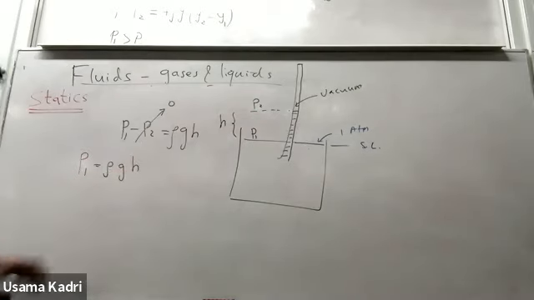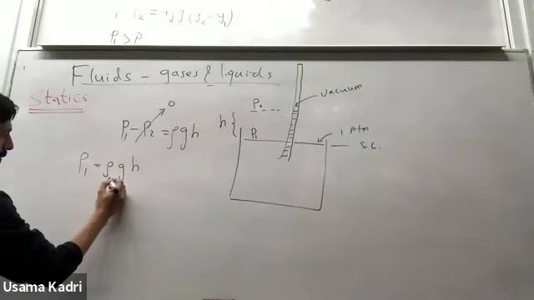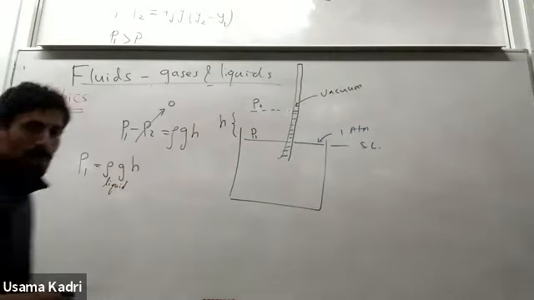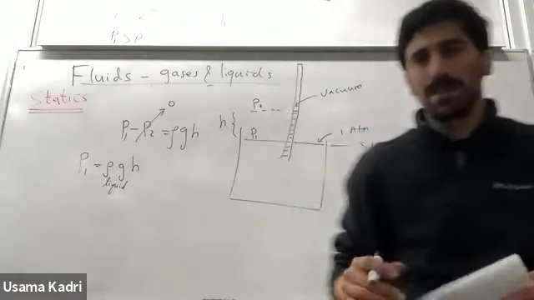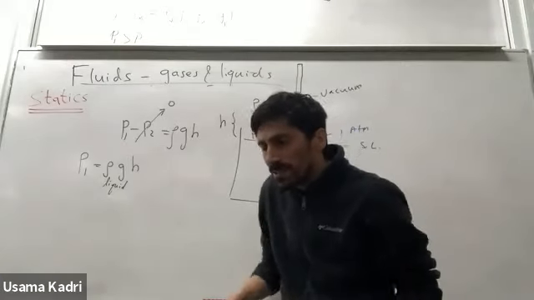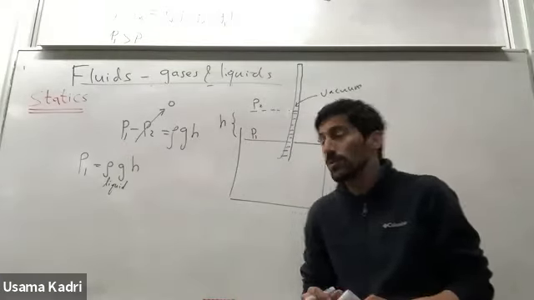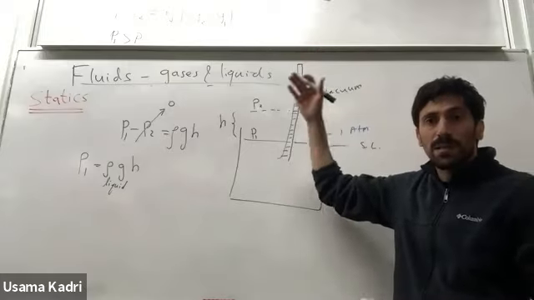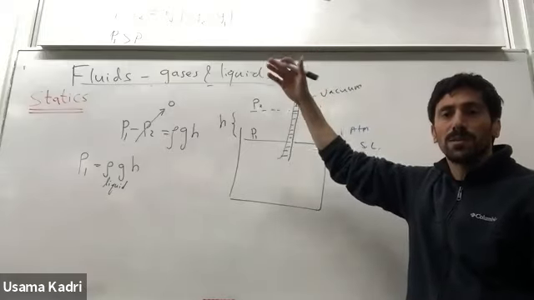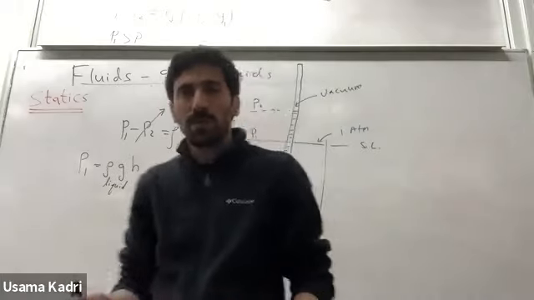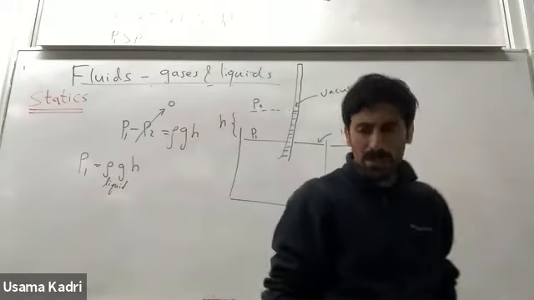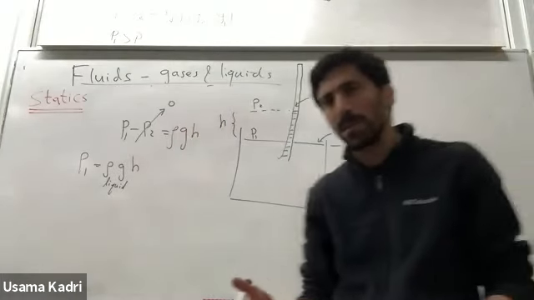Now, rho is the density of the liquid. Try and do it with water. This is a friendly suggestion. Try and do it with water and see what is the critical height that you can go actually with water. Now, with water, if you want to do it under lab conditions, I can already tell you that it's not really practical.